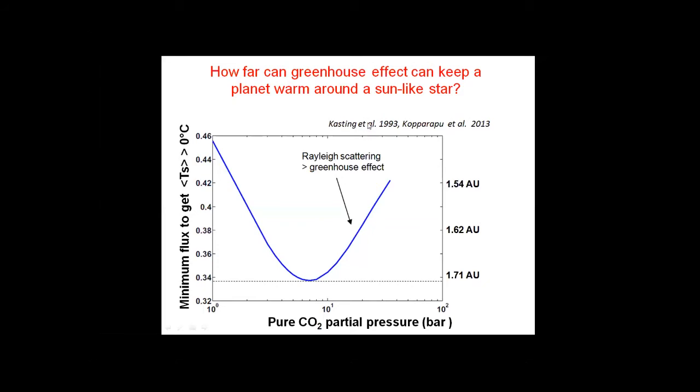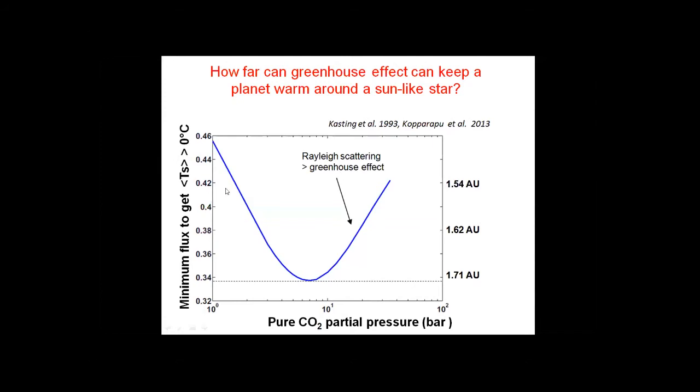You can study that by first just assuming a CO2 atmosphere. And it's interesting to realize that it's not because you accumulate a huge amount of CO2 that you will increase the greenhouse effect. This is the minimum flux to get 0 degrees Celsius as a function of pressure.